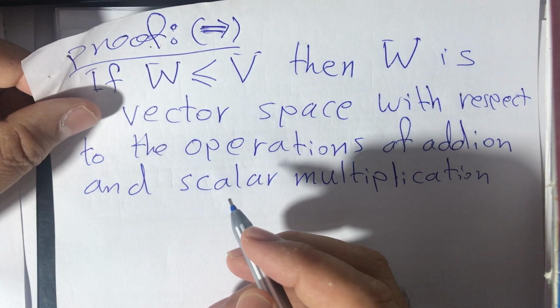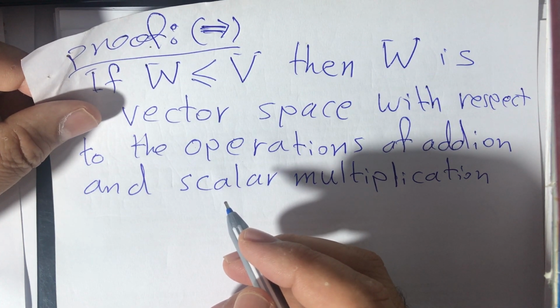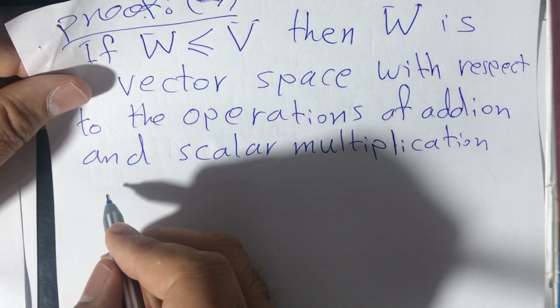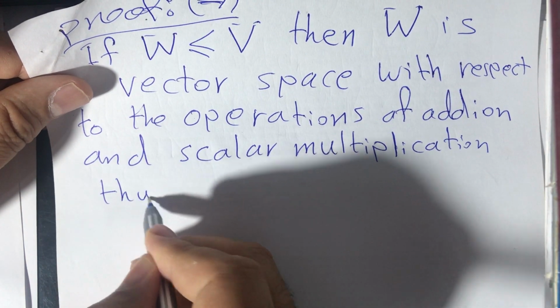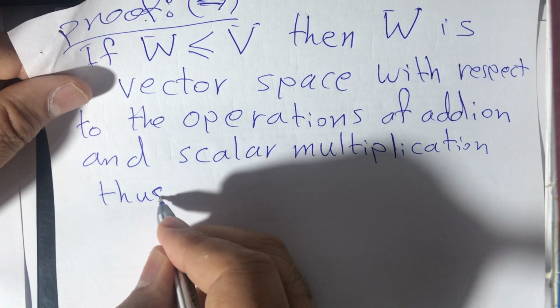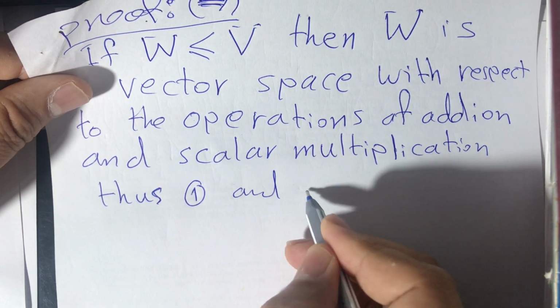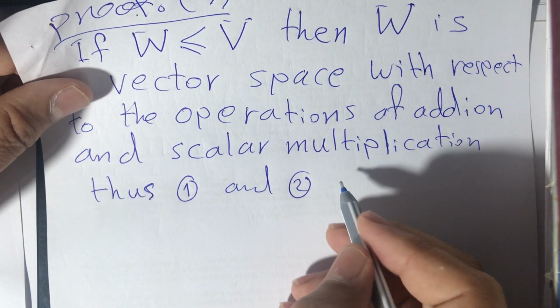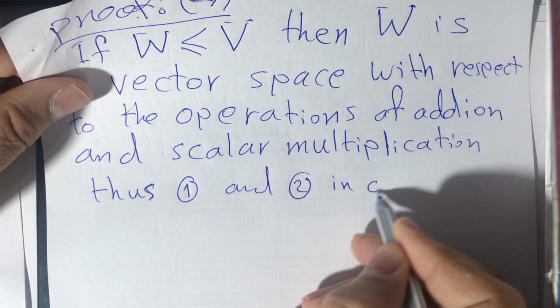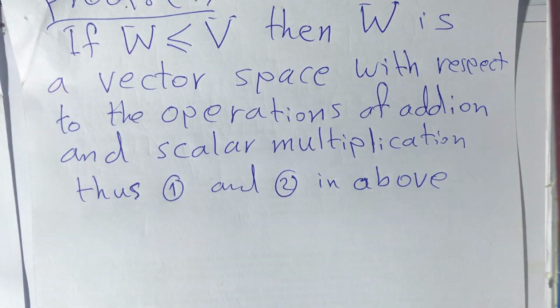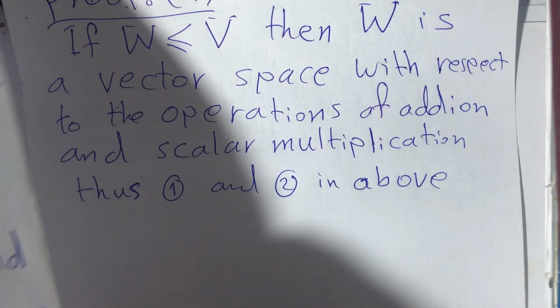And the scalar multiplication. Thus, one and two and above, I mean this is 1 and 2 in the theorem.